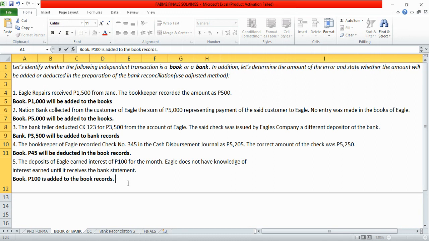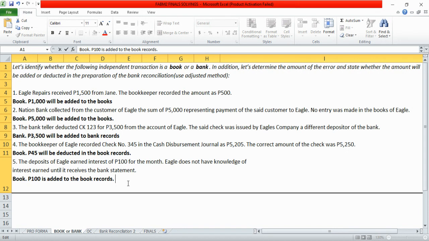That's why that's a book. For number 2, Nation Bank collected from the customer of Eagle the sum of 5,000 pesos, and there is no entry made in the books.